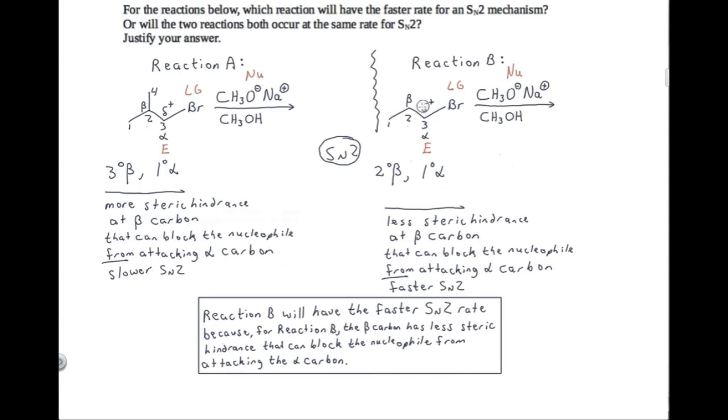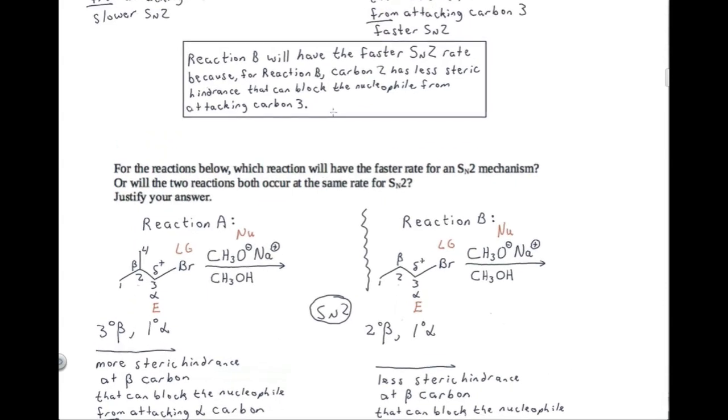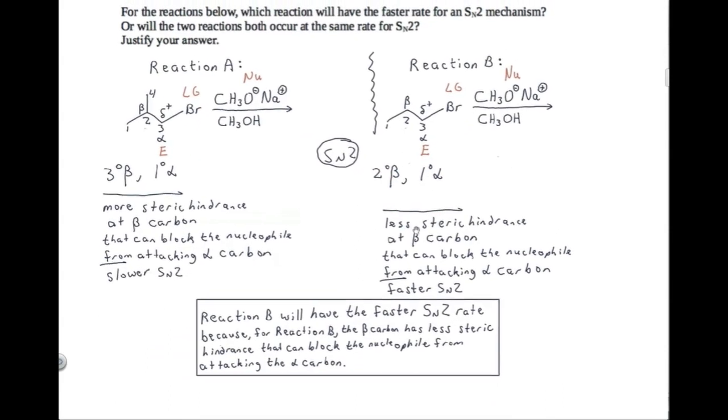Now we can say that reaction B is faster because for reaction B, the beta carbon has less steric hindrance that could block the nucleophile from attacking the alpha carbon. So this would be a good way to phrase our answer to the question. Of course, the earlier phrasing would also be acceptable. So either of these two ways of phrasing the answer would be acceptable.